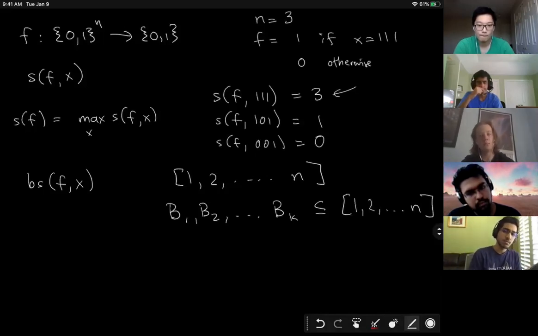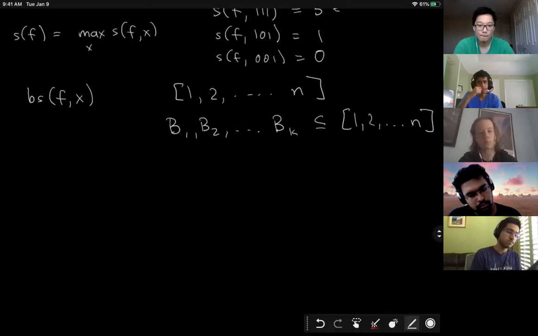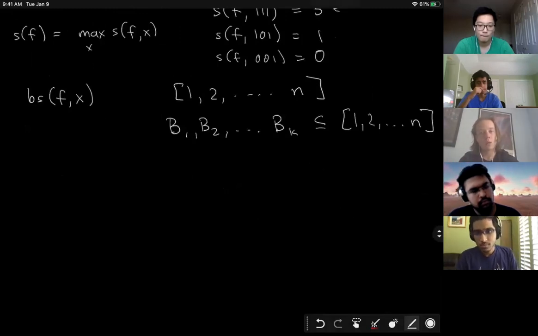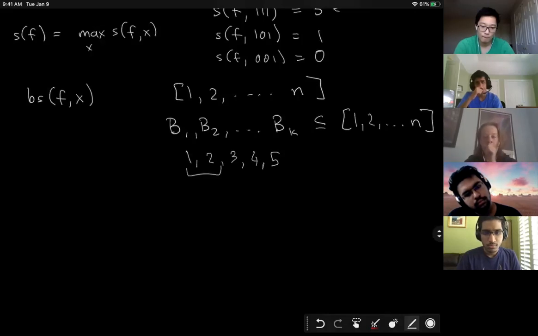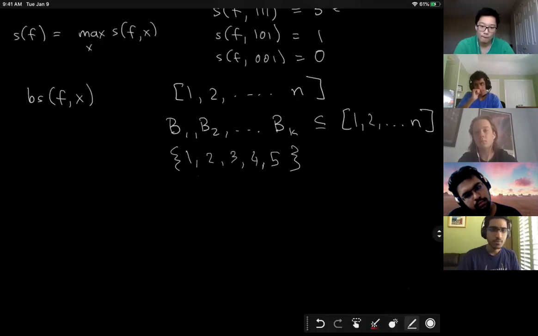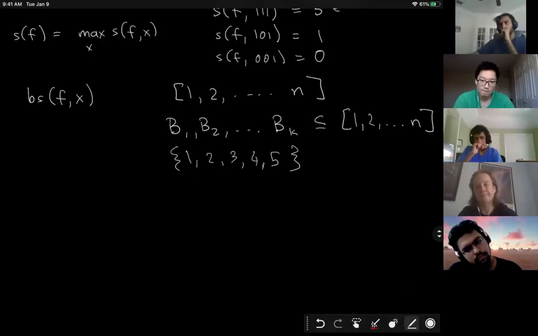Okay, that's a lot of words, so I'll go through a tiny example. Let's do the AND function again, but for n equals 5. So your set is 1, 2, 3, 4, 5. You don't necessarily pick the blocks first. Basically, you have to split this set up into some blocks such that if you take each block, flipping all of those indices in your input flips the output.